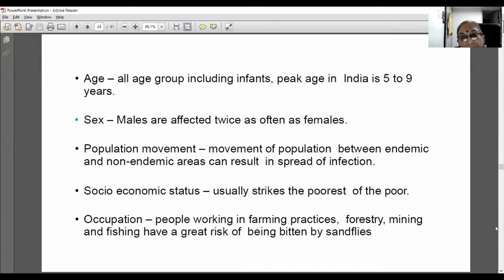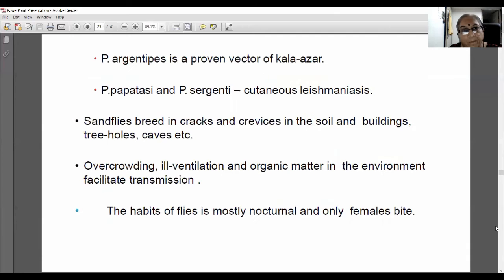People working in farming, forestry, mining and fishing are at great risk of being bitten by sandflies, so they are more affected. Argentipes is a proven vector for Kala Azar, and Papatasi and Sergenti are the causative agents of cutaneous leishmaniasis.